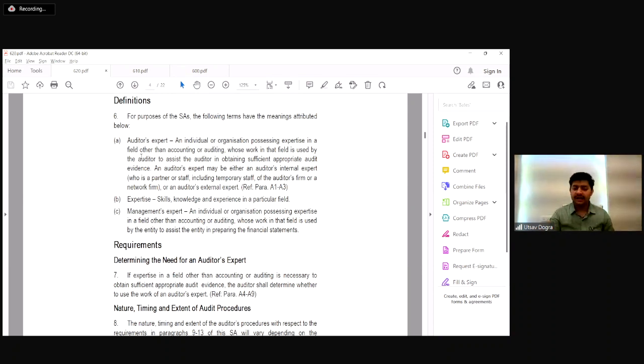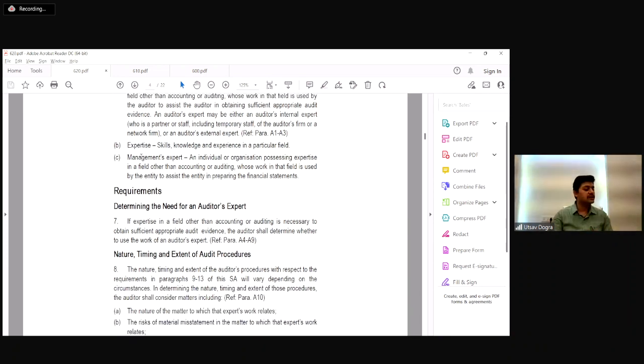The management's expert, again: if the expert has been engaged by the auditor, it is the auditor's expert, and if the expert has been engaged by the management, it would be the management's expert. For the requirement of determining the need for an auditor's expert, the auditor needs to determine why there is a need. If expertise in a field other than accounting and auditing is necessary to obtain sufficient appropriate audit evidence, the auditor shall determine whether to use the work of an auditor's expert.